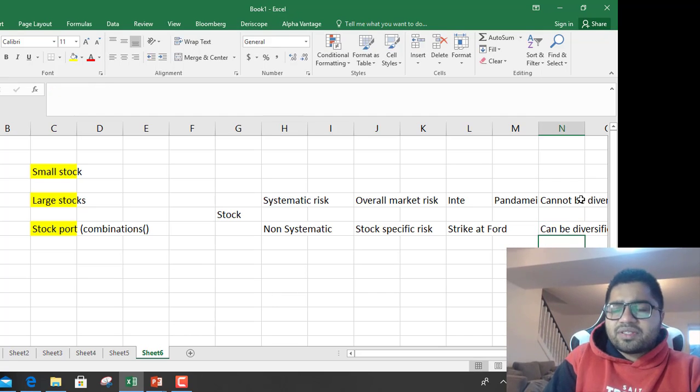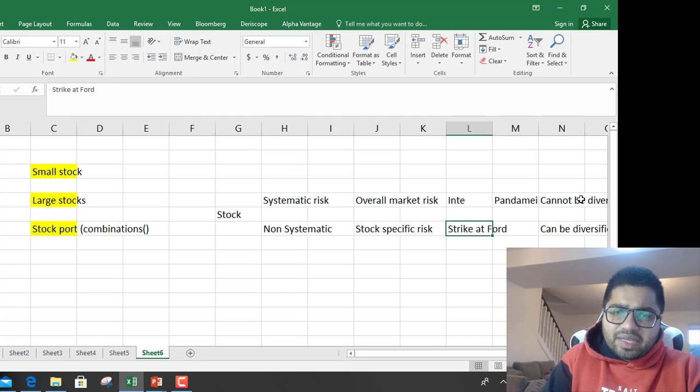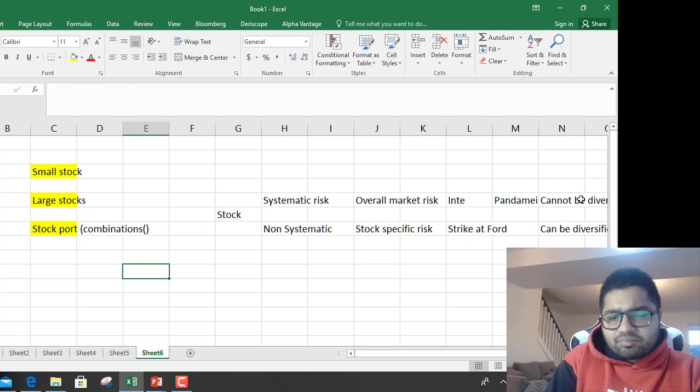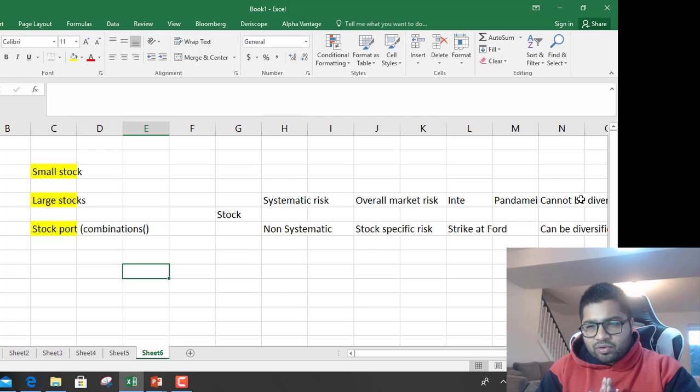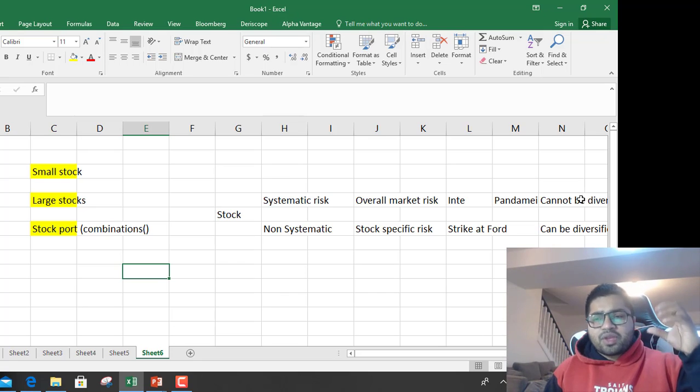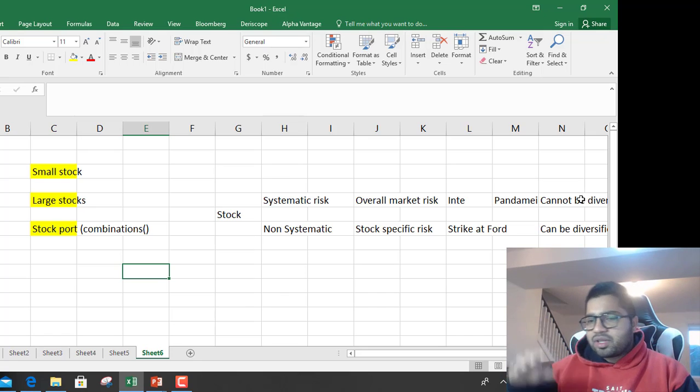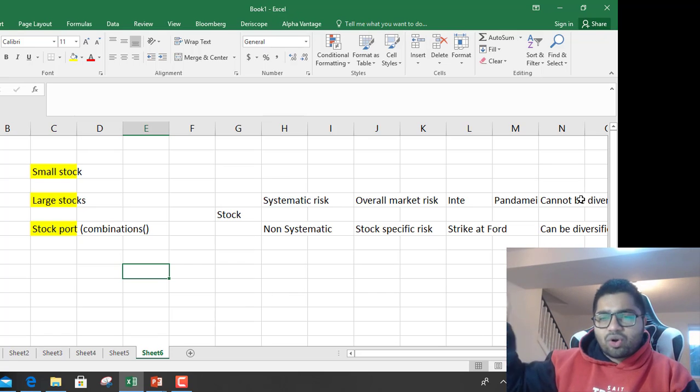Now what do we mean by diversification? Diversification means if you invest in more and more stocks, like let's say I have a one stock portfolio, I have just Apple in my portfolio, then if something bad happens to Apple, all my portfolio will go under losses. But if I don't put all my eggs in one basket, if I divide my investments, so I have Apple, I have Facebook, I have, let's say, JP Morgan, I have Citibank, I have RBC, I have, let's say, Suncor, right?